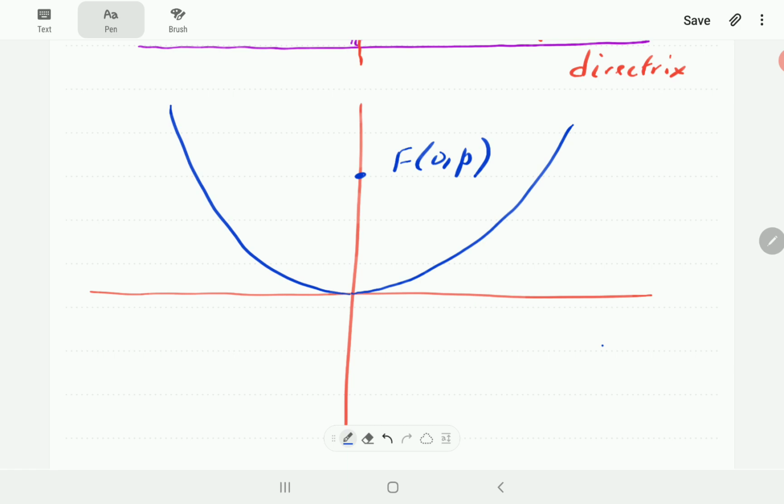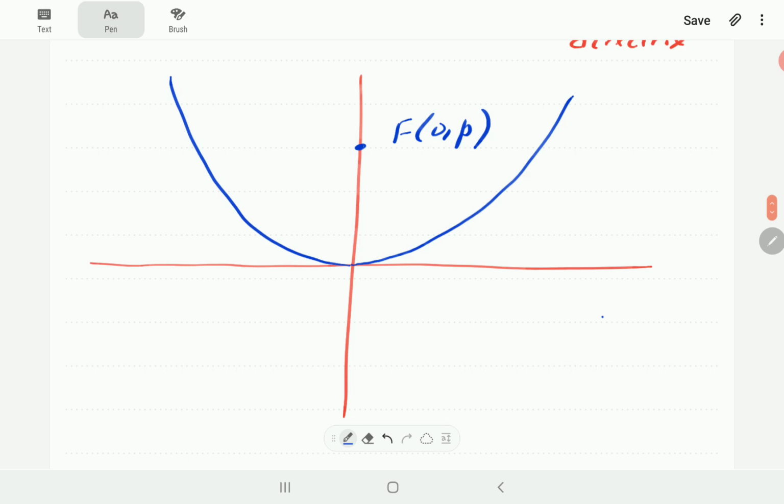So that distance is the same as the distance from the vertex to the fixed line, which is the directrix. So this is p here, and that is p as well.